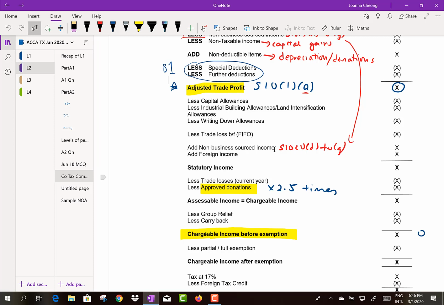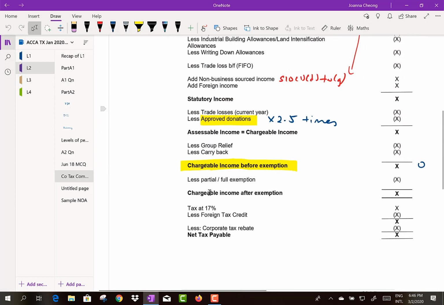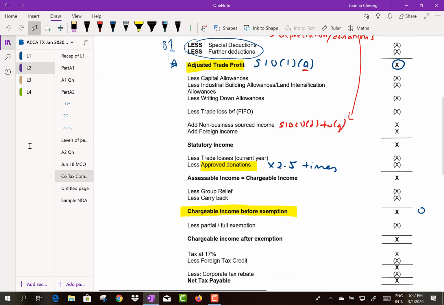Anyhow, yesterday I went through the basics. I said, how do we know whether the income is taxable, and after you know it's taxable, what adjustment you do, right? We will look at that later again.